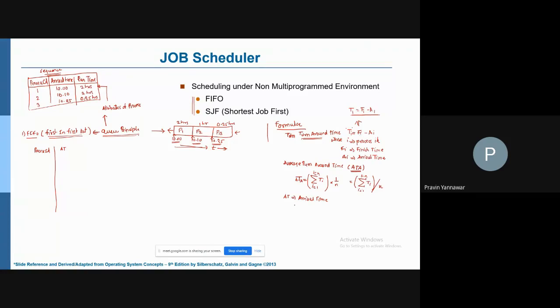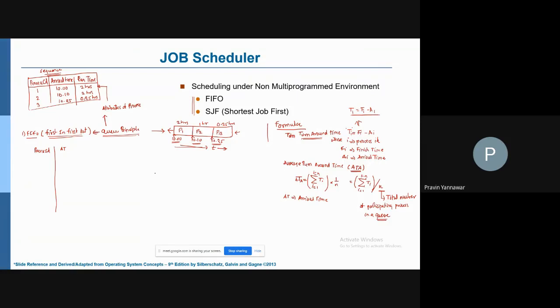Here n is the total number of processes participating in a queue. Right now n is equal to 3.